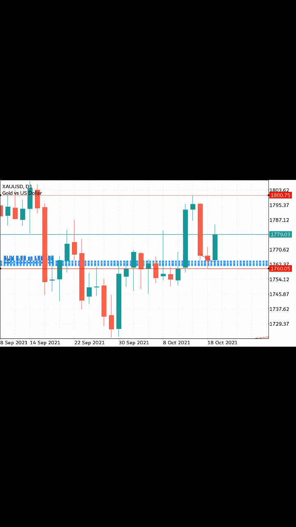So this Monday candle was rejected and closed somewhere above the previous support, which is somewhere here. The strongest support was somewhere here, so it closed above. So likely it is an indication that the following candle will be bullish.